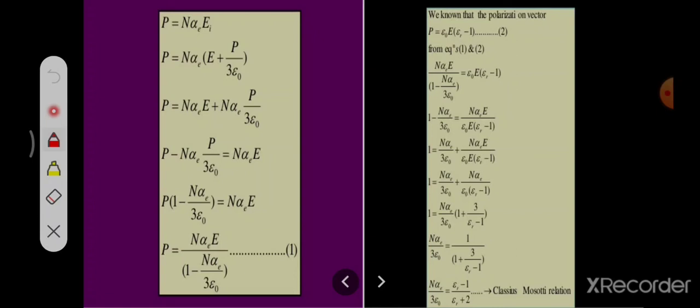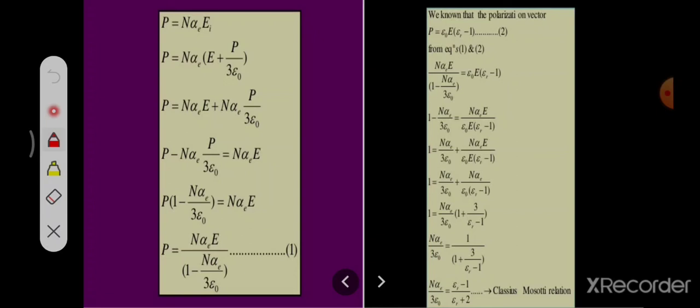From this, 1 minus N alpha E divided by 3 epsilon naught is equal to N alpha E into E divided by epsilon naught into E into epsilon r minus 1. From this, 1 minus N alpha E divided by 3 epsilon naught equal to N alpha E divided by epsilon naught into epsilon r minus 1. From this, 1 is equal to N alpha E divided by 3 epsilon naught plus N alpha E divided by epsilon naught into epsilon r minus 1.